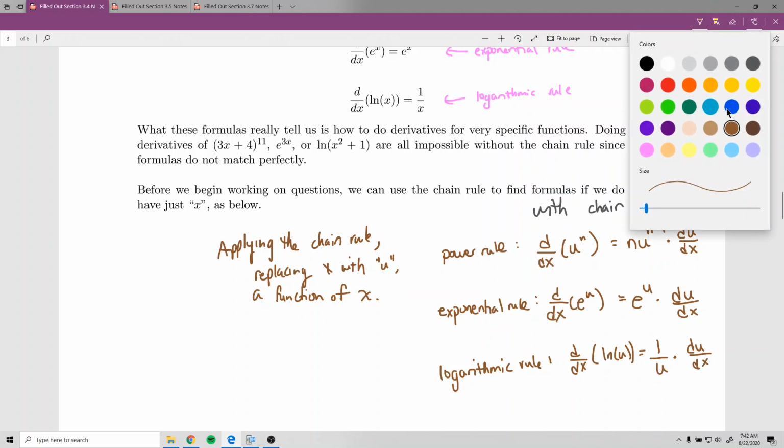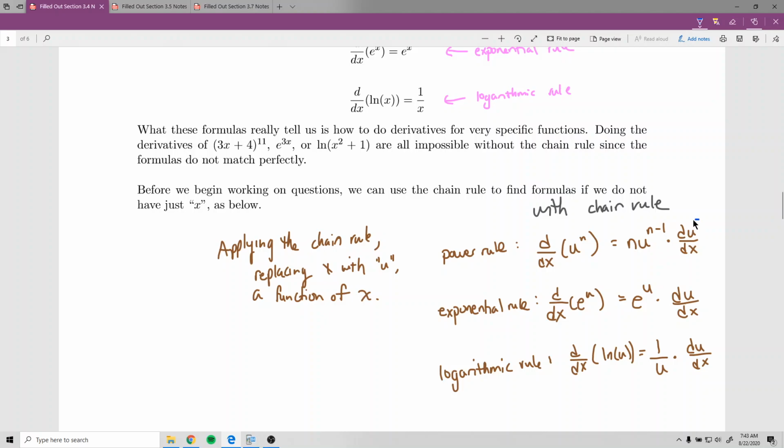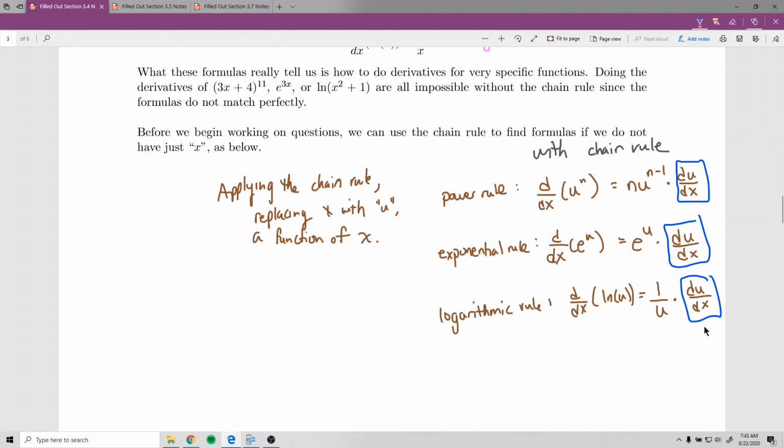Right, so remember, all of these are basically the same rule. If I didn't have this part here, the du over dx, these would all be the same exact rule. The chain rule just tells you multiply by the derivative of the inside, and maybe with the exponential one, it might help more to think about the exponent.